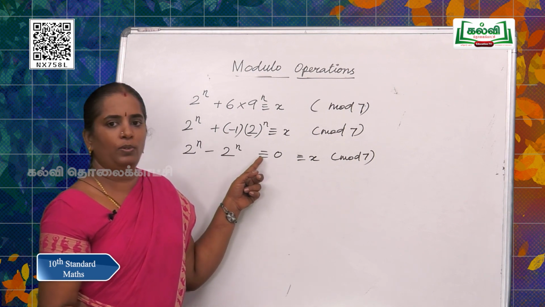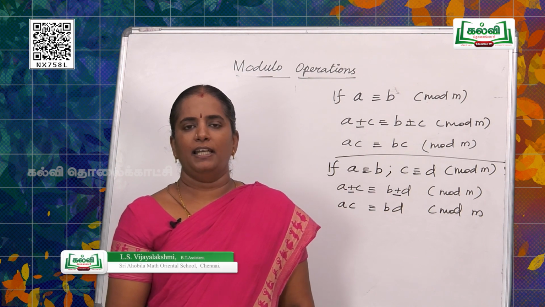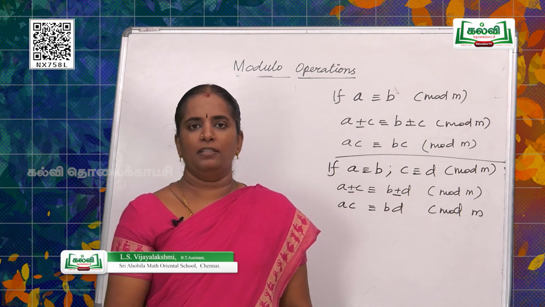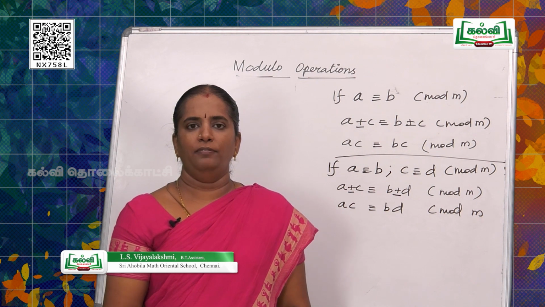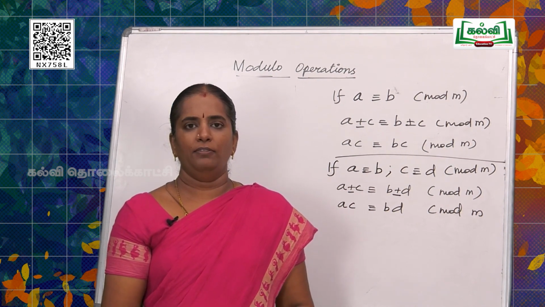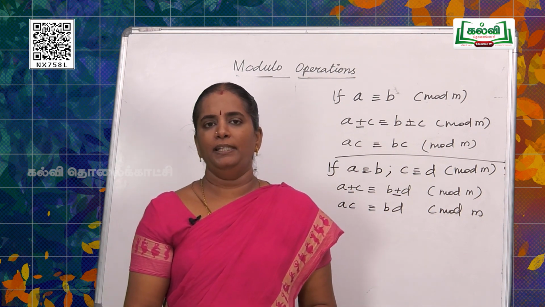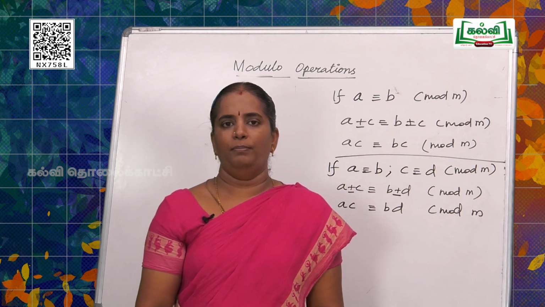That is leaving no remainder. Okay. Hence the proof. In this class, we have learnt some properties of modulo operations and we have dealt with the sums involving those properties. Now, in the next session, we will be meeting with a completely new concept of mathematics. Thank you, children.